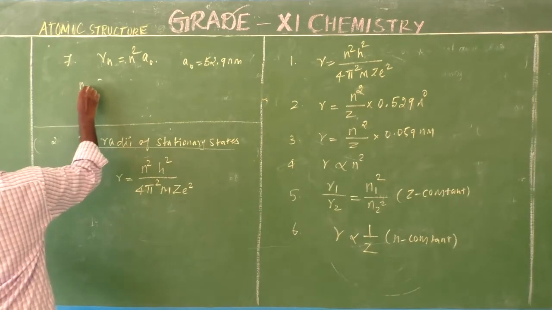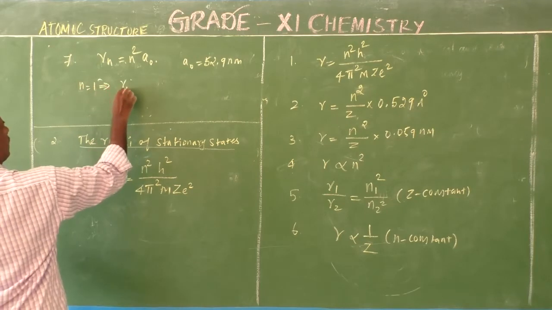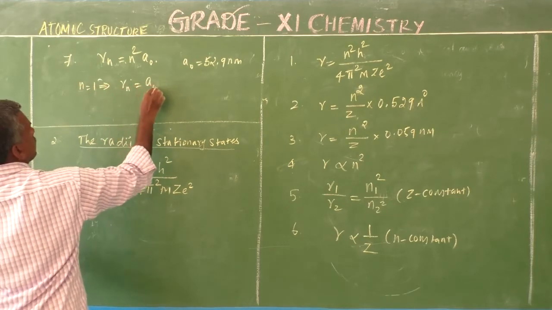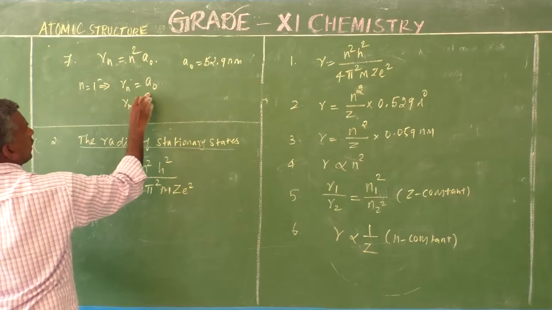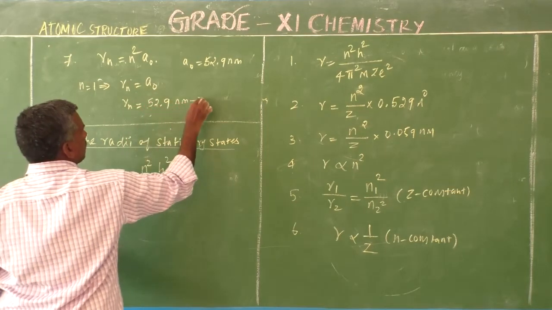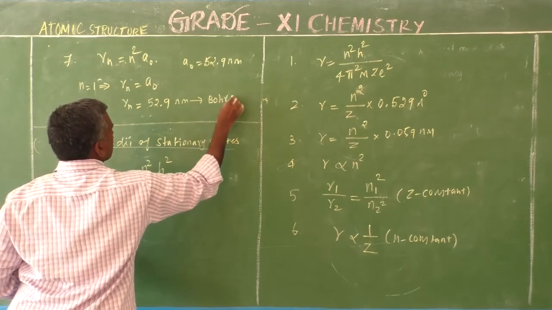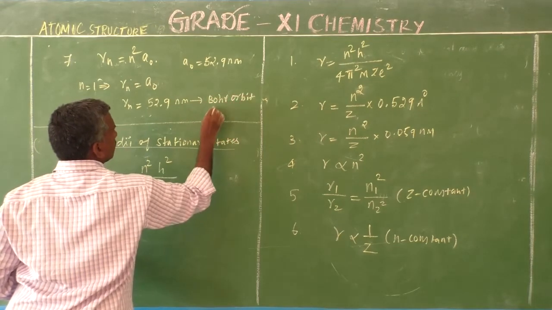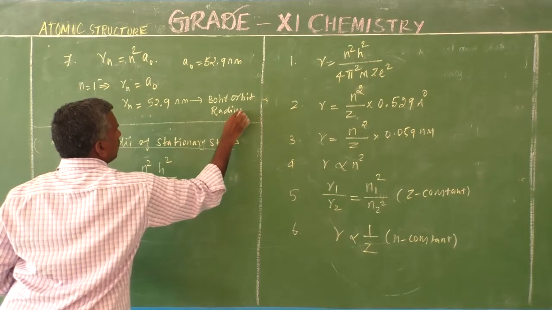Here n is equal to 1, so Rn is equal to a0, that is 52.9 picometer. This is the Bohr orbit radius.